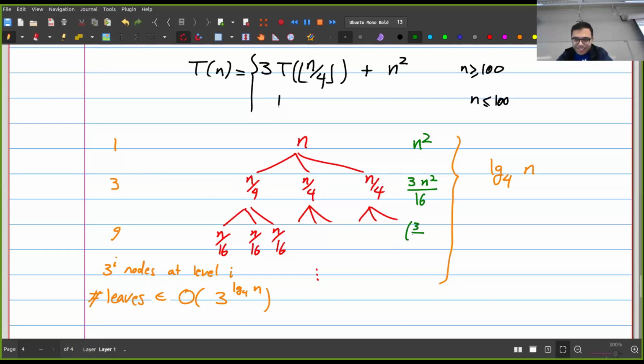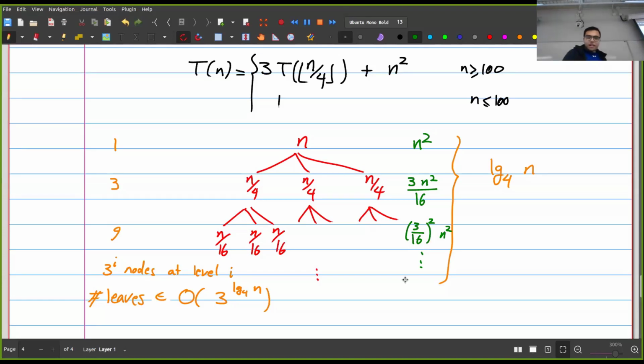Yeah, isn't it like (3/16) squared n squared, right? And so on. Hopefully I calculated that correctly. So at every level, my cost is going to be 3/16 the cost of the previous level.